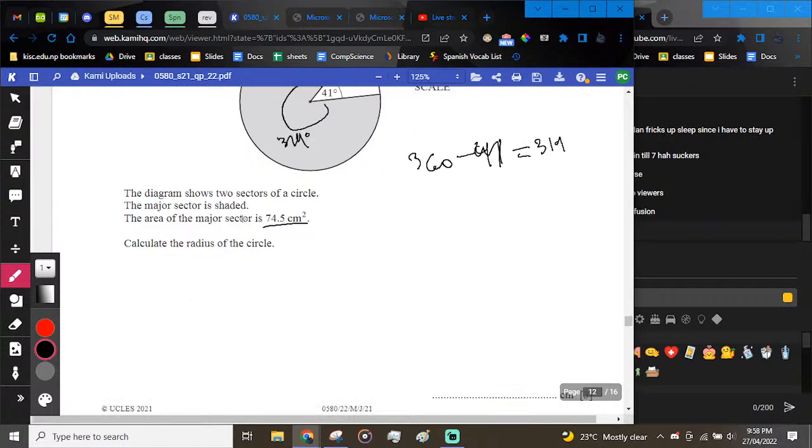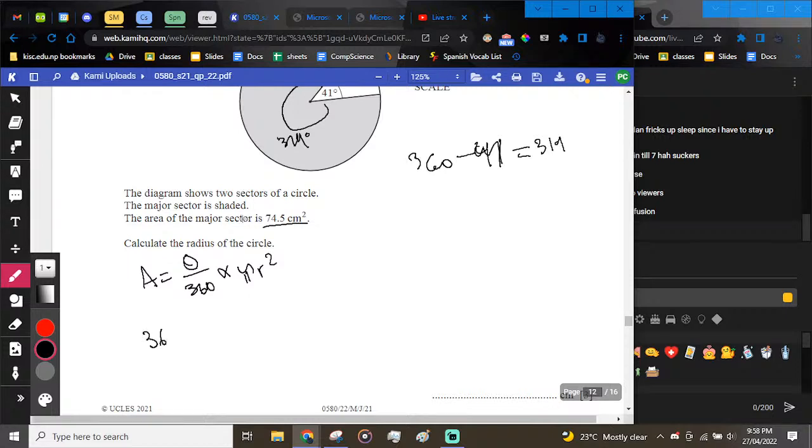And given the area equals theta over 360 times pi r squared, we want to rearrange for r.